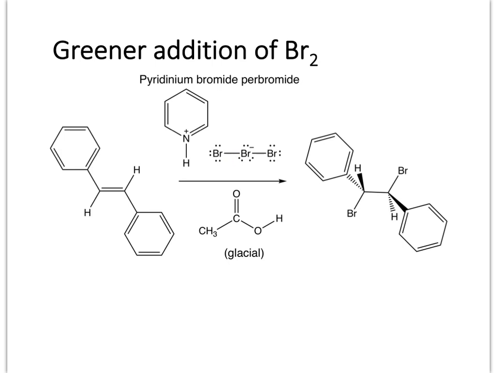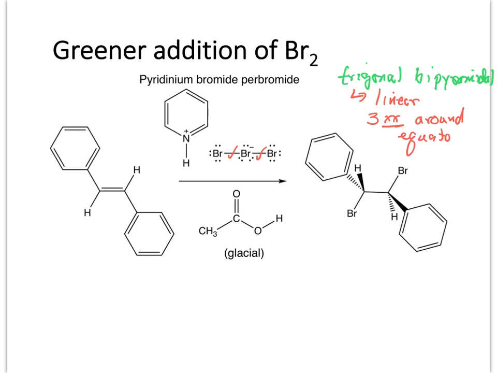If we look at this, it has 1, 2, 3, 4, 5 regions of electron density around it. 5 regions would be trigonal bipyramidal, but since only 2 of those regions are bonding regions, you get something that's linear with 3 unshared pairs around the equator of the trigonal bipyramidal structure.